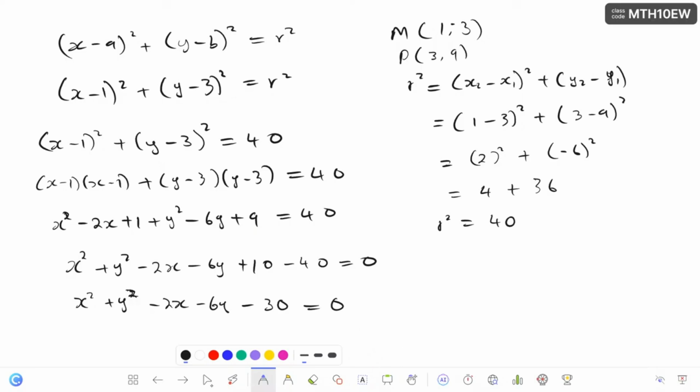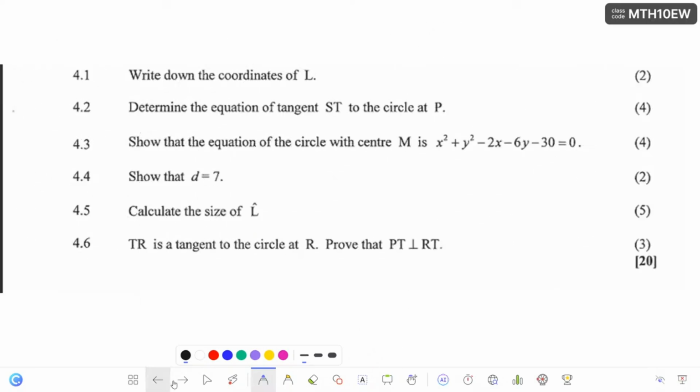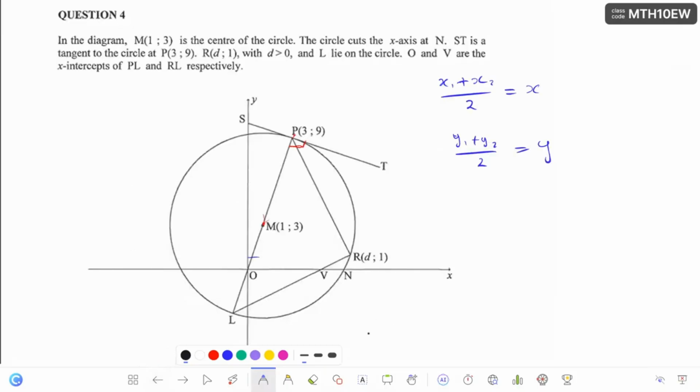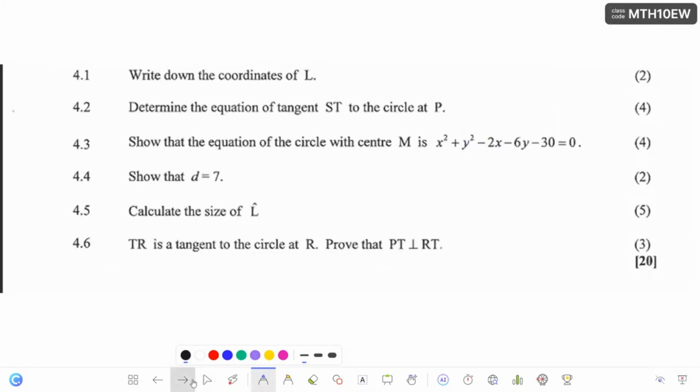So let's check if we managed to write it. Yes, this is what they were looking for. So now they said show that d = 7. So we have d. Since we have the equation of a circle, we are going to take these coordinates and substitute into the equation of a circle in order to find the value of d.